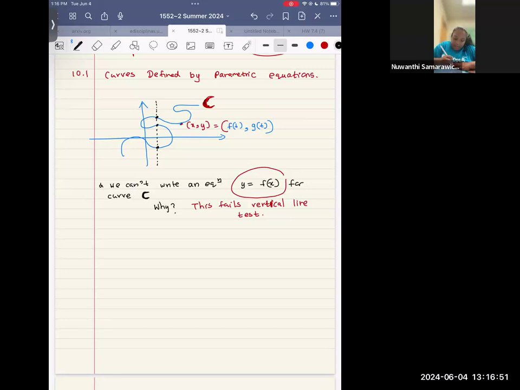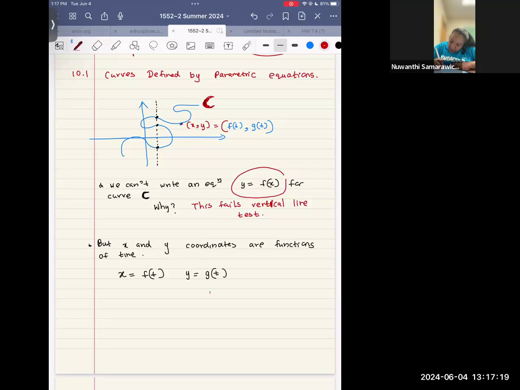I'll write it: x and y coordinates are functions of time. That is, we can write these coordinates in terms of t. So x is f of t and y is g of t.